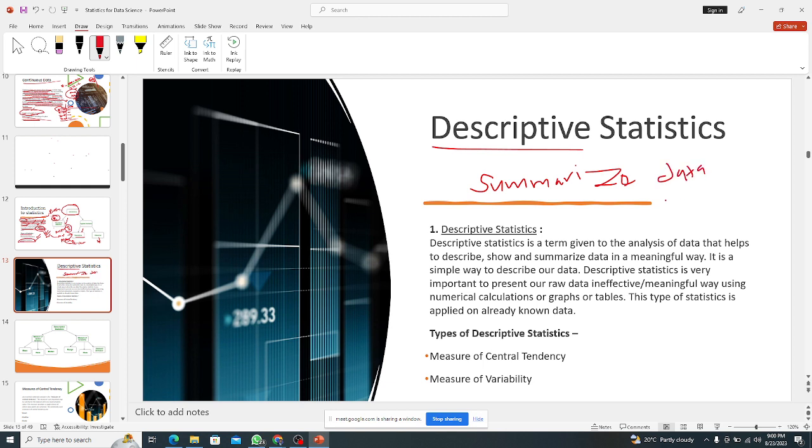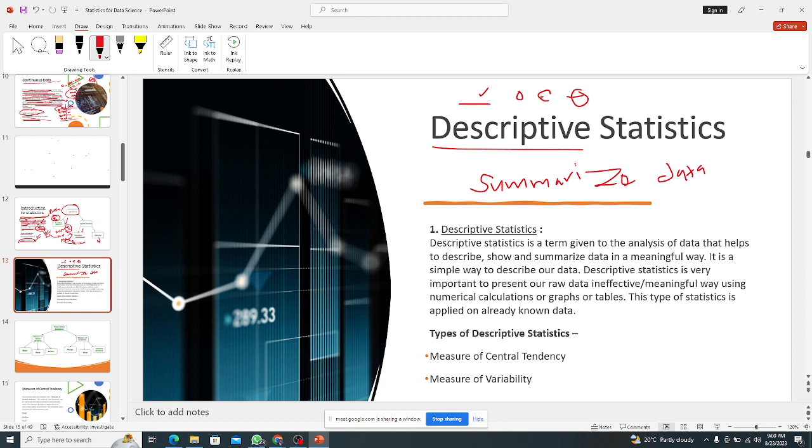Descriptive statistics only gives us one value. Like mean, we get a value. Mode, we get a value. Median, we get a value. Those are just one value each.